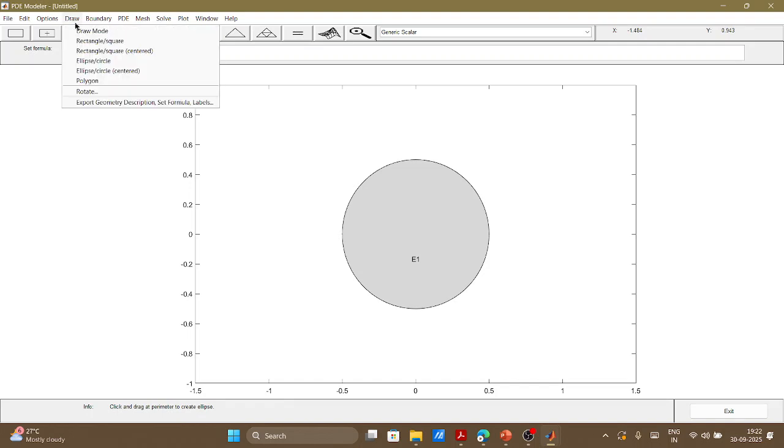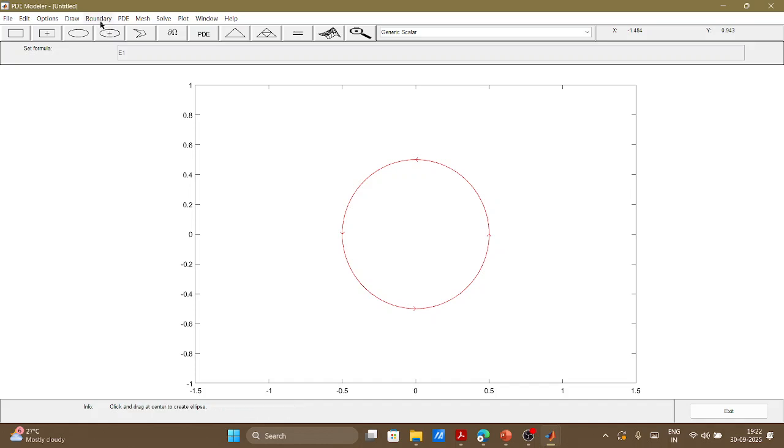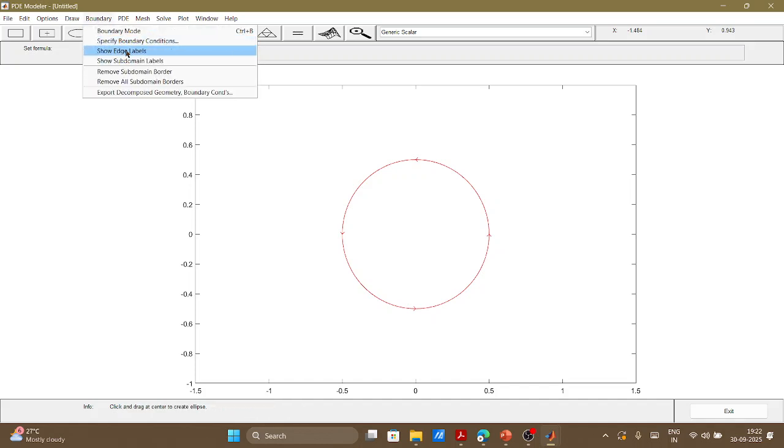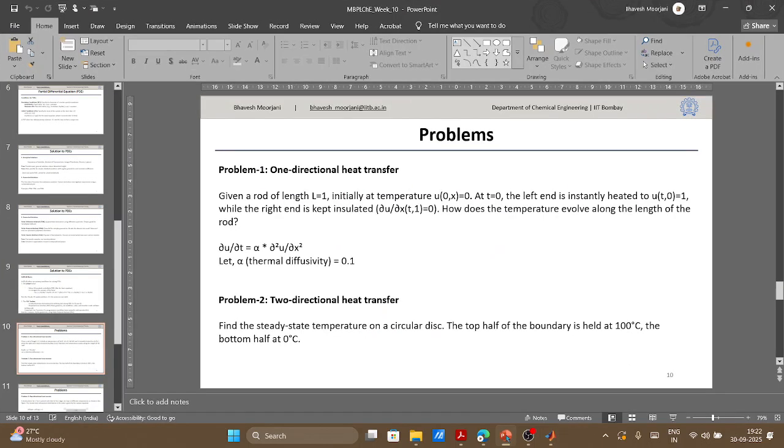Now let me see what boundary conditions I can provide. If I select the boundary mode and click on show edge labels, I can see 1, 2, 3, 4 edges. Okay, so four boundary conditions I can provide. And what has been said to us is that the top half of the boundary is held at 100 degrees centigrade and the bottom half at 0.